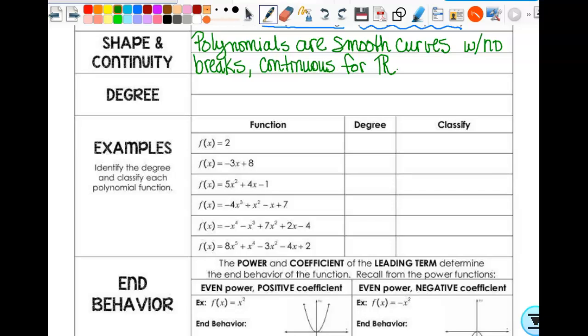All right, so degree. The highest exponent n is the degree.